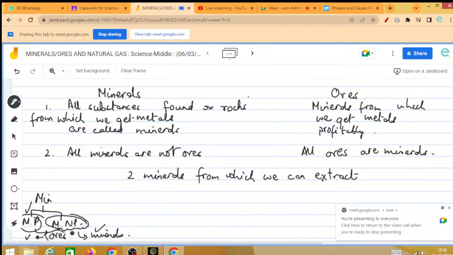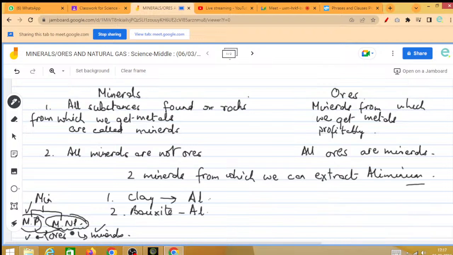Aluminium is a metal. So there are two. One is clay. So clay will also give aluminium. Al is the symbol for that. Bauxite will also give aluminium. But when we extract aluminium from clay, it is not profitable. When we extract aluminium from bauxite, it is profitable.